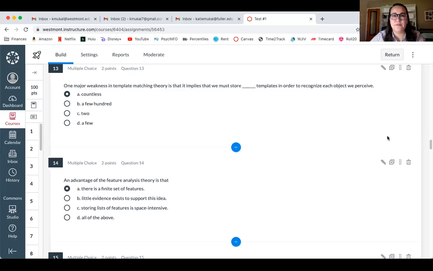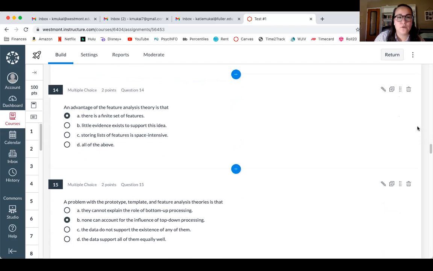If you think about all of the variations in fonts, and then you add in reading people's handwriting too, that's a whole other set of fonts, so to speak. Because there are countless templates, it doesn't really explain how we're able to efficiently and quickly respond to objects that we see.